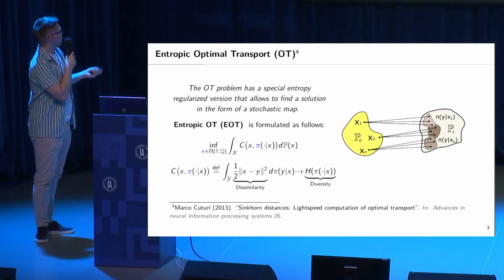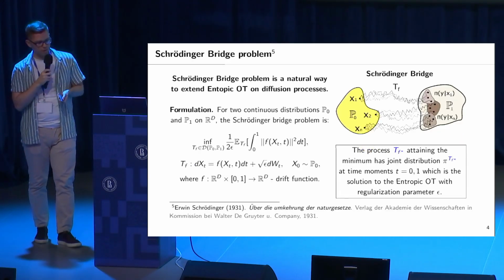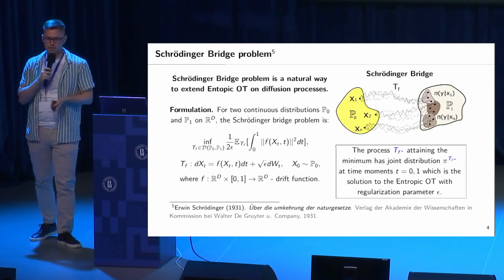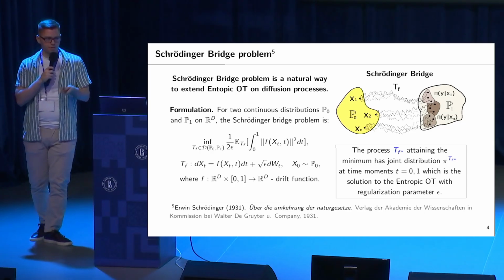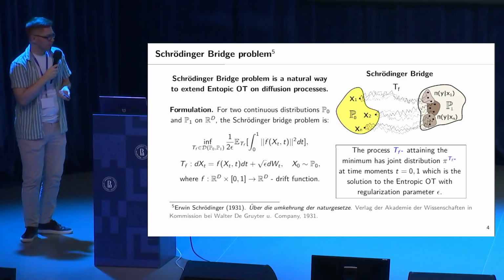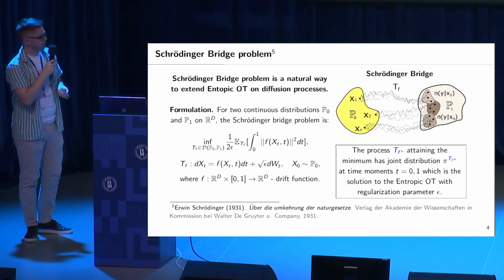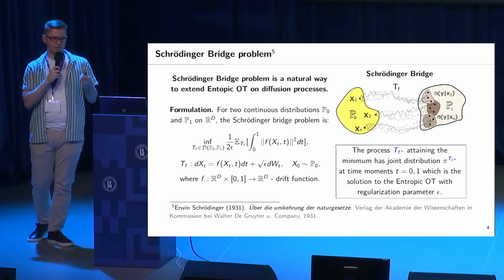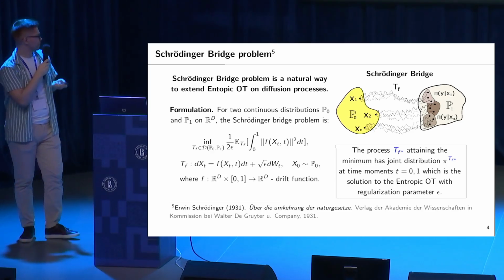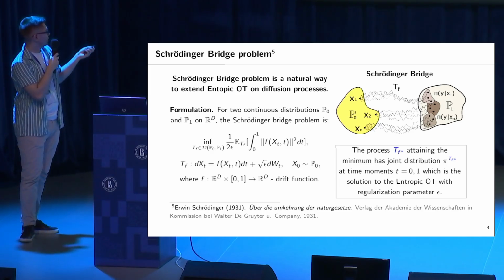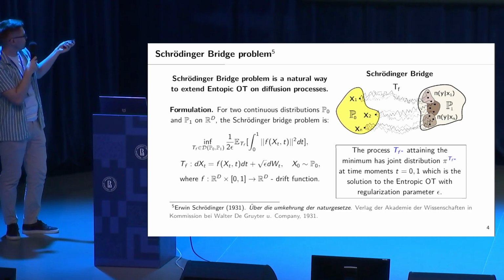Also, this problem has a dynamic version, which is known as the Schrödinger bridge problem, and it was formulated by Erwin Schrödinger. In this case, we need to find a stochastic diffusion process, T_f. It is given in the form of a stochastic differential equation, where we have the function f of x and t, which is a drift function.